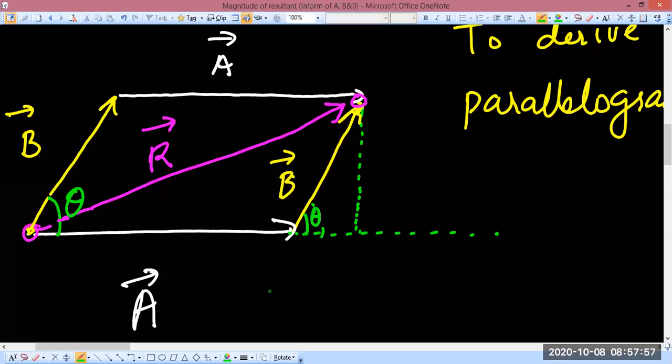So this is theta, right? And now you can see that this angle is 90. So do you agree that this is B sin theta, and this side is B cos theta?